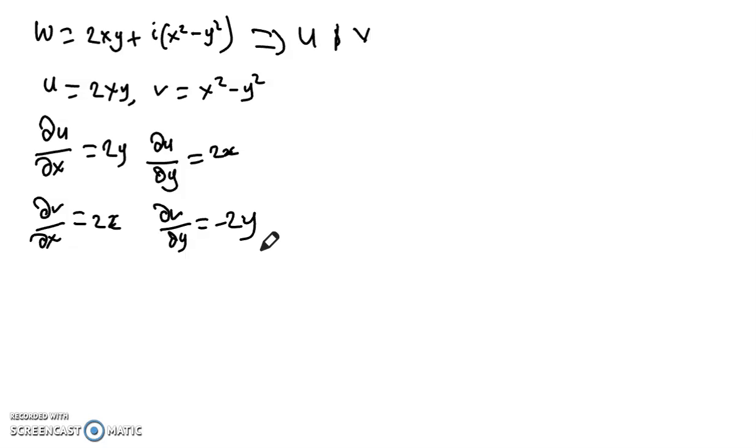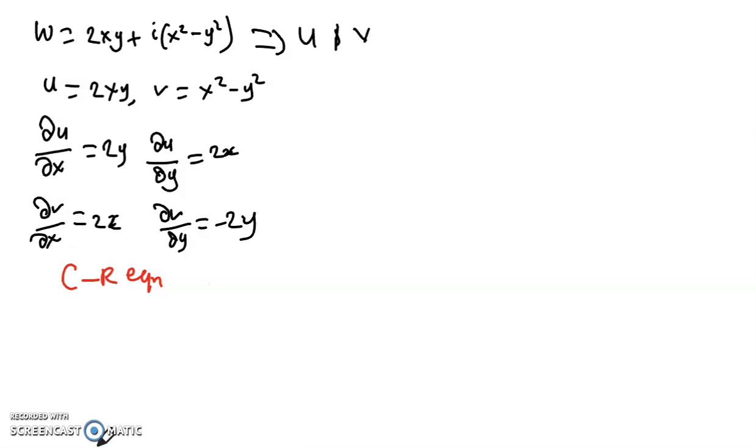So now that we have done our differentiation, the next thing that we want to do is to check with the Cauchy-Riemann equation. You should know this equation by heart.